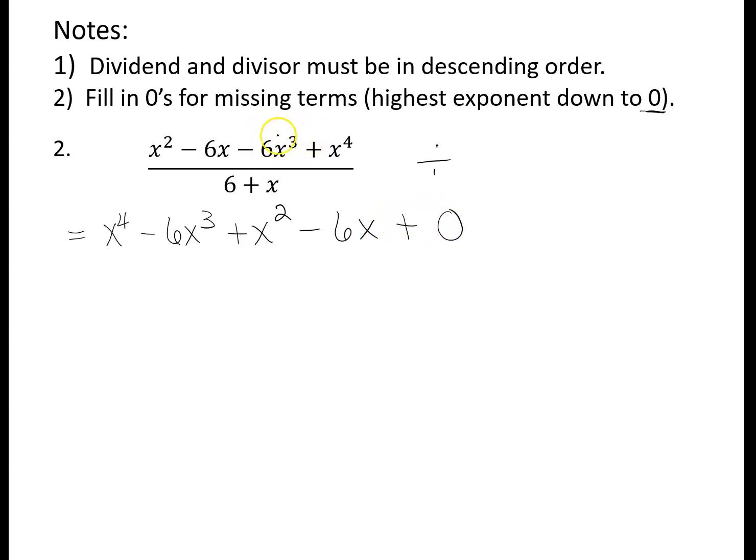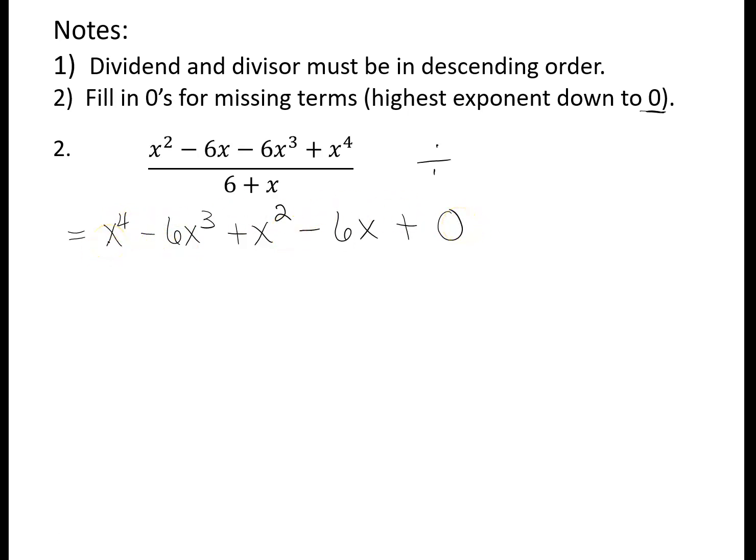If it had not had an x cubed term in it, if it had an x to the 4th and an x squared, then I would have to put a 0x cubed in there. That's what that second note means. You have to have a term for every exponent, highest that's in the problem, down to 0.